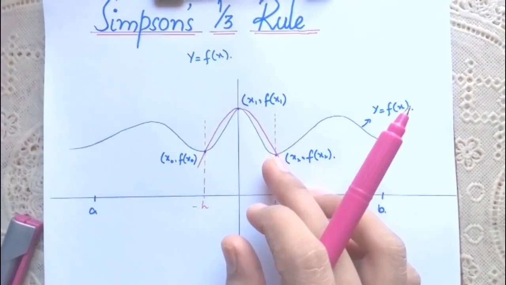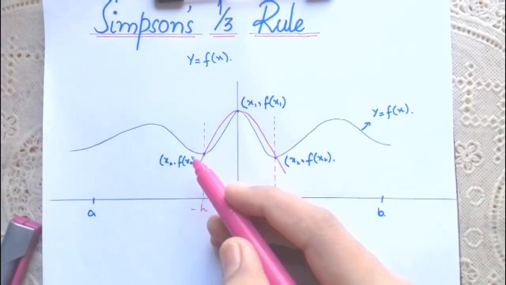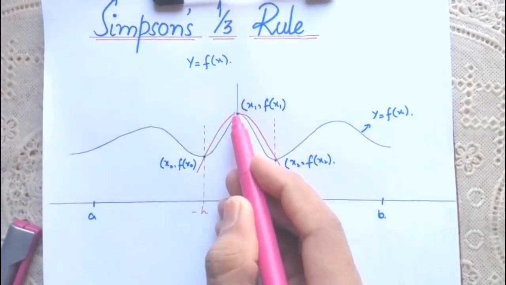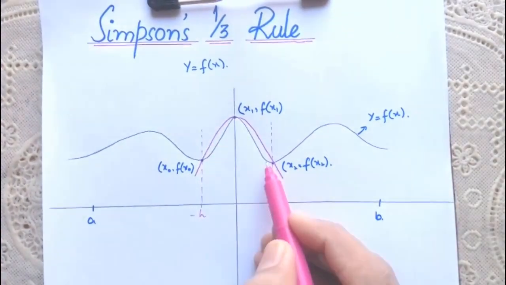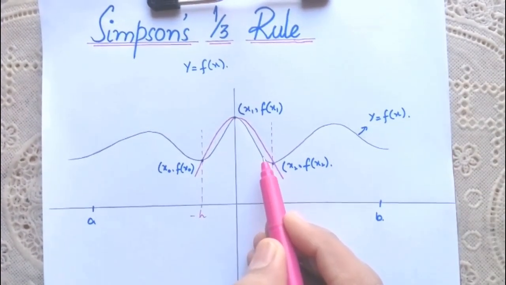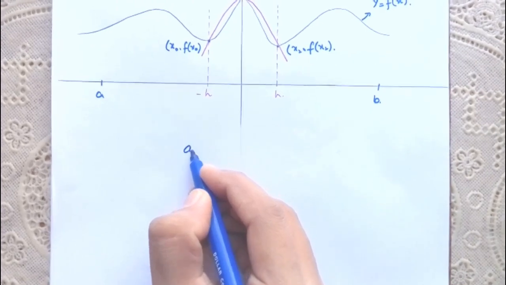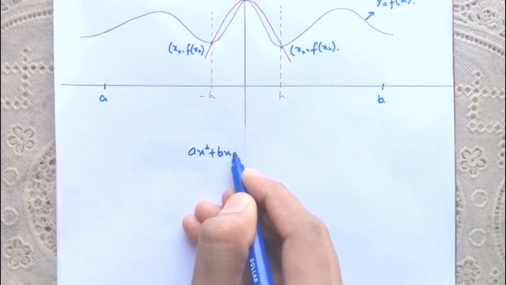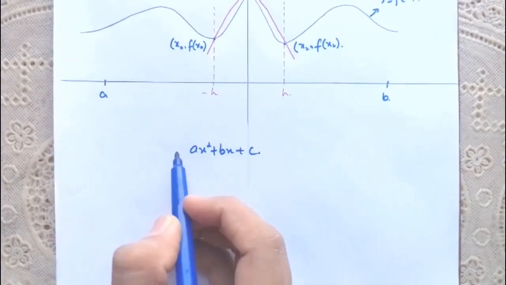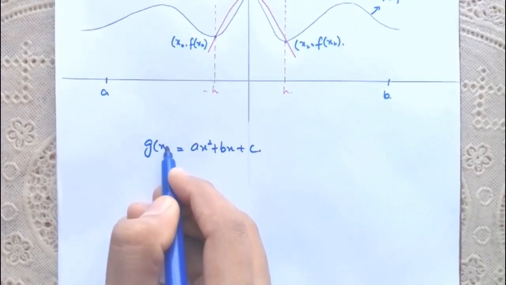Now the question arises: how to find the area under the curve formed by these 3 points? You know the curve formed by these 3 points is a parabola, that is ax square plus bx plus c, and let's suppose it is a function g of x.